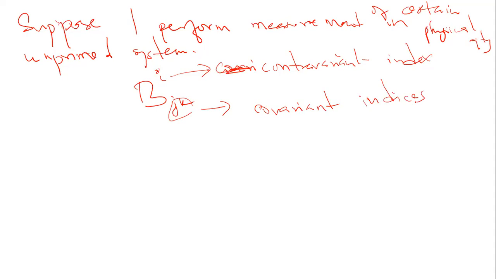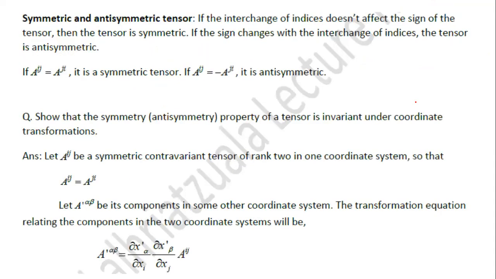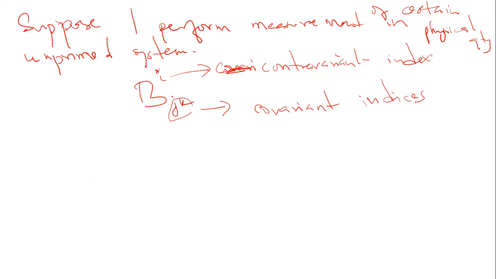If the components of a certain physical quantity that you measure in a certain coordinate system, like the unprimed system here, have both covariant and contravariant indices, then this is a mixed tensor. And how many indices are here? 3 indices, right? i, j, and k. So 3 indices means it's a mixed tensor of rank 3, because it has both contravariant and covariant indices.